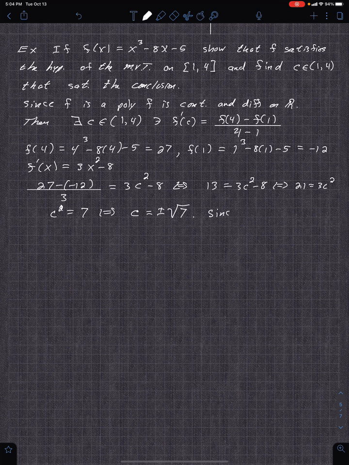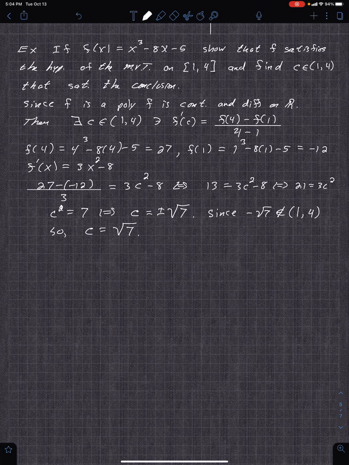And then which one do we use? Well, negative root 7 is not in (1,4) because it's negative. So c has to be the positive square root of 7. So that's my value c.